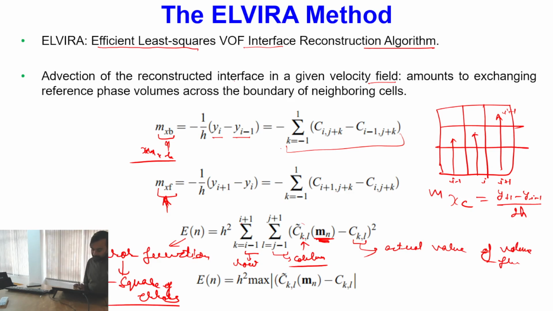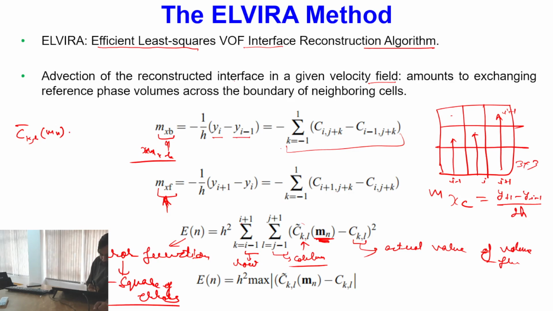And then inside I have CKL. What does it mean? It means the sum over all volume fractions in this 3 by 3 stencil. Are all clear with this point? So CKL will basically be the volume fraction at location K and L, which is obtained using what?